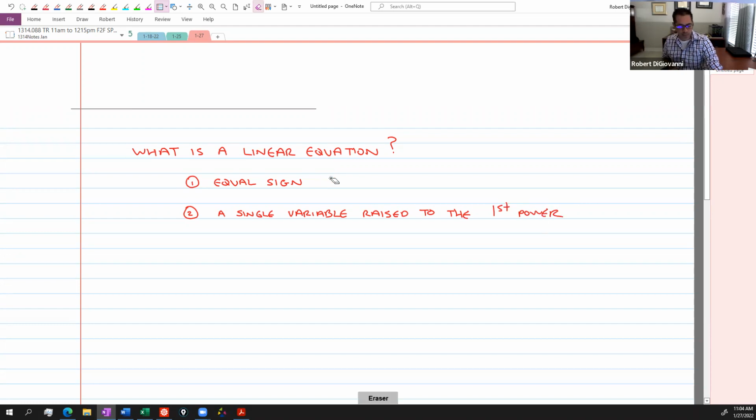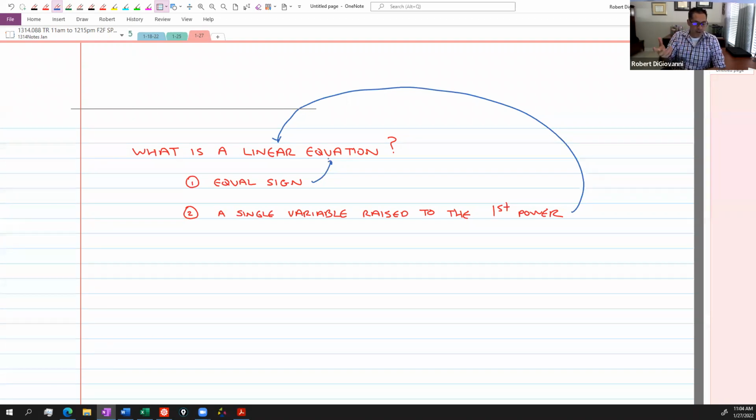And that is what we call linear. So it's the equal sign that makes it an equation, and it's that we see a single variable raised to the first power that makes it linear. Later on, we'll be studying quadratic equations, and then polynomial equations, and then rational equations, so we need to be able to distinguish between these things.